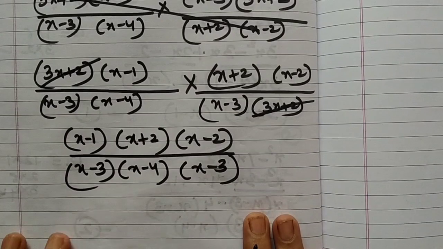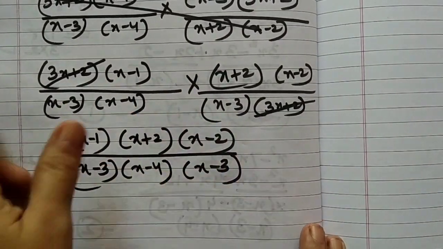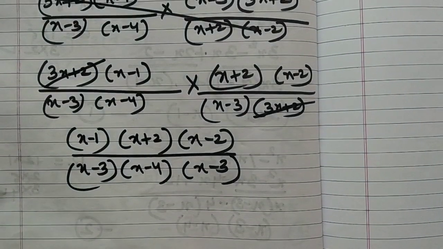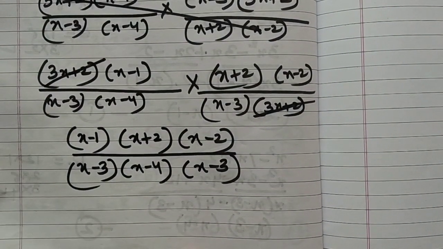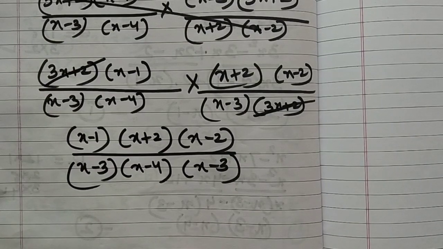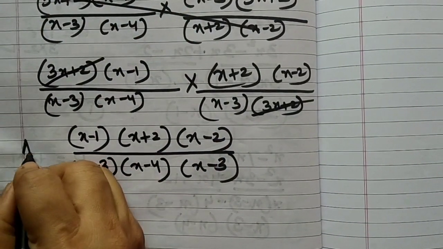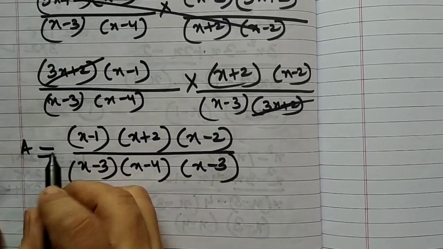So this is our answer. Now here only one got cancelled after solving the whole sum. Whereas in the earlier sum, when we solved it, the remainder left was 1. All got cancelled. Here only one got cancelled and all the others are remaining in the answer. So the answer is this.